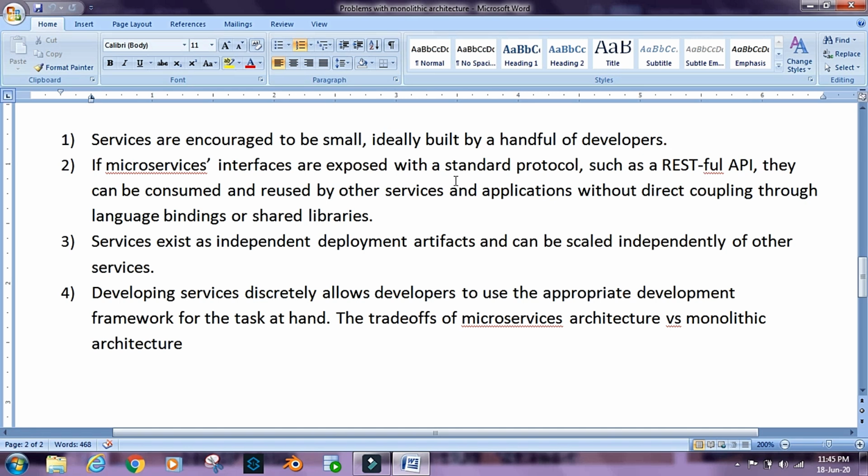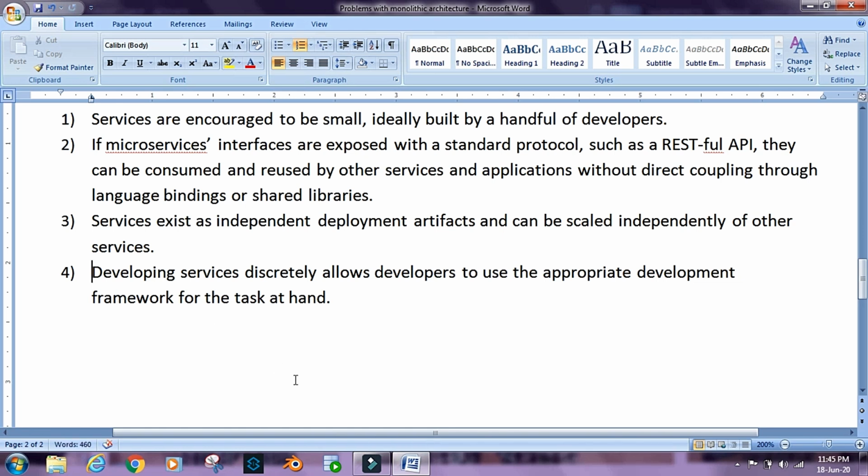So that is possible in a microservices architecture or in a microservices environment, because the services are independent of each other and they are single units that can be deployed and that can be scaled up and down without affecting the other components or other units, right?